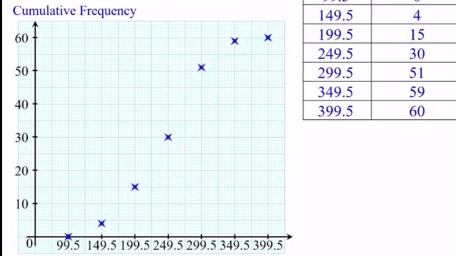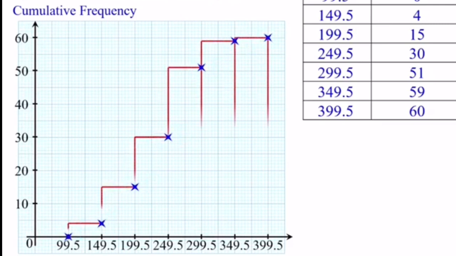Because we are going to construct a cumulative histogram, we draw the line like this, to form the rectangle. So we form the cross, we draw a horizontal line, and then go down to form the rectangle.